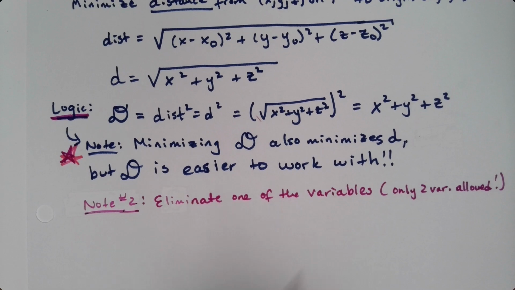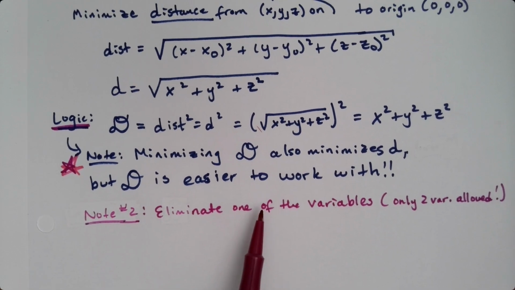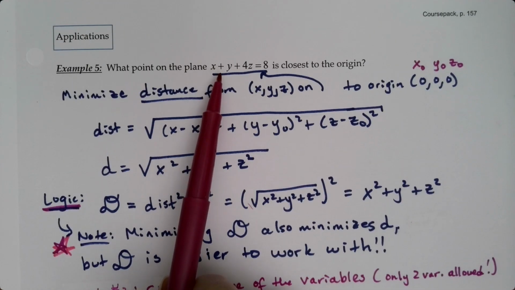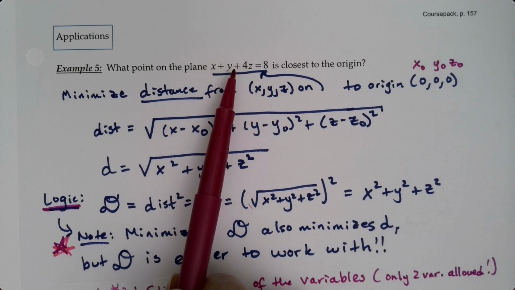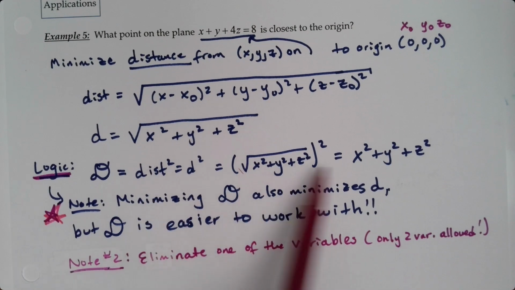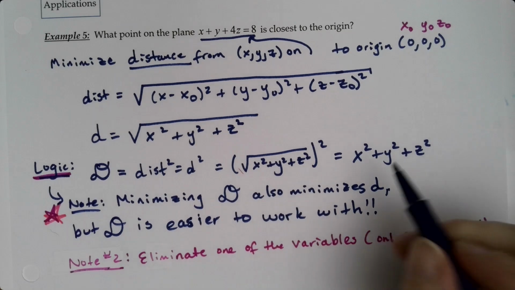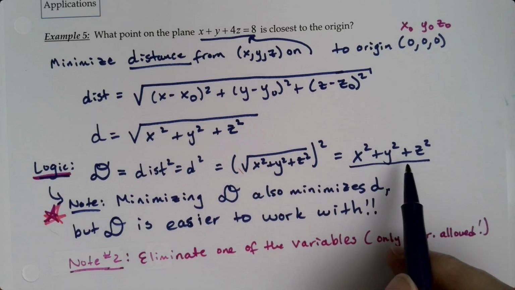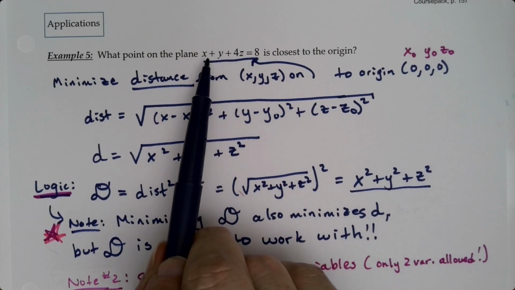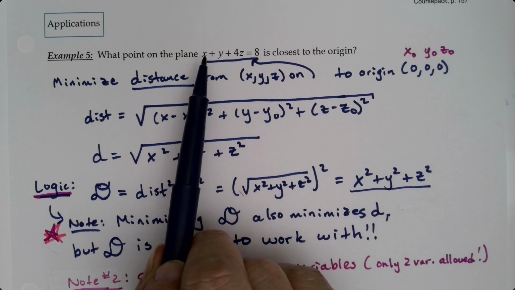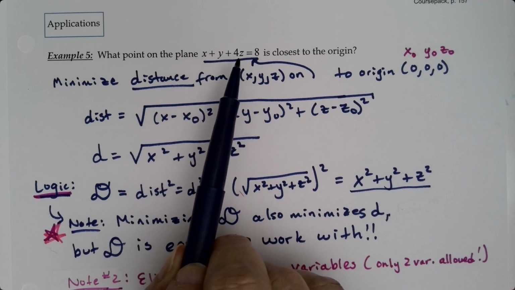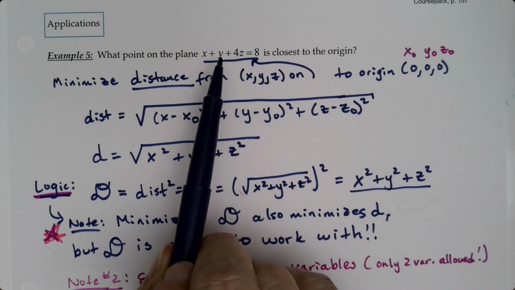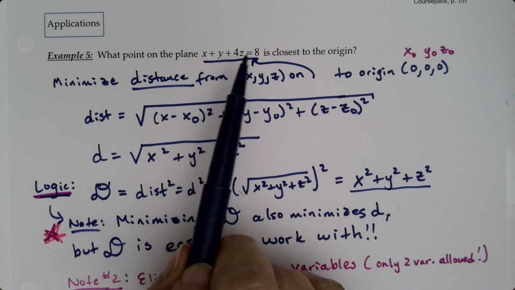All right, well, before I do that, let's go back up here and look at it. If I wanted to eliminate one of my variables in my function D right here, D is x squared plus y squared plus z squared, too many variables. So if I solved this for, say, x, I could take that value, bring it over and all that stuff, and I could get what x is on its own. Or if you will, I could subtract the y and subtract the 4z.